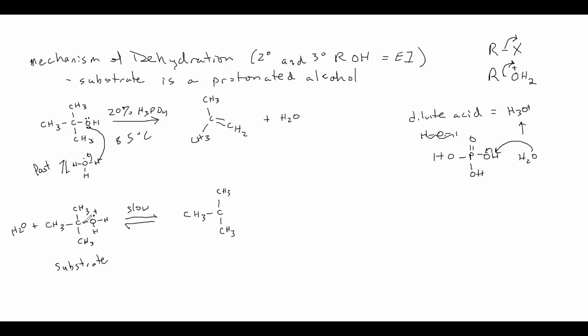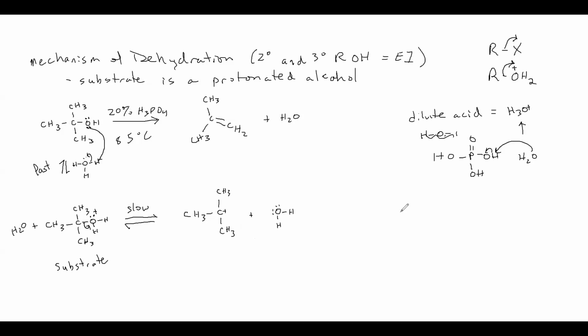So the pair of electrons in the carbon-oxygen bond leave with the oxygen. And that leaves behind a carbon that's electron deficient as a carbocation. Okay. So we're forming a relatively unstable intermediate in our carbocation.